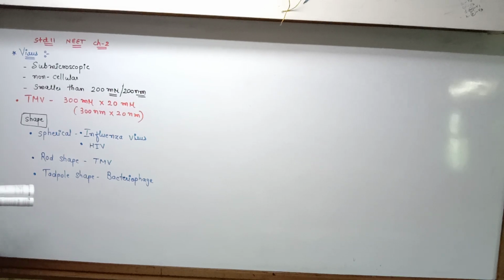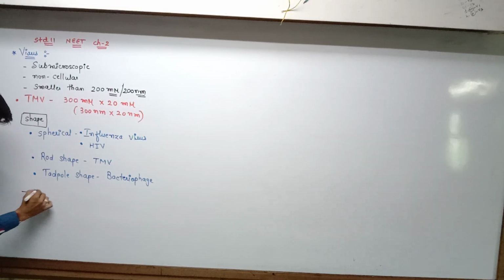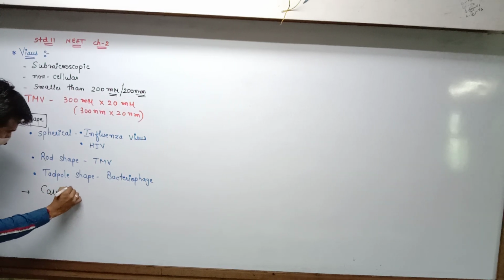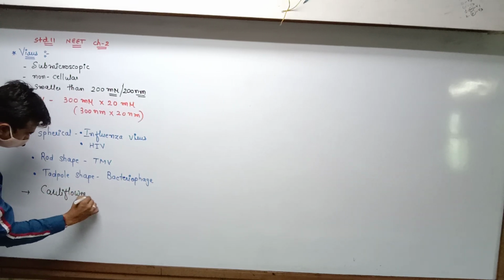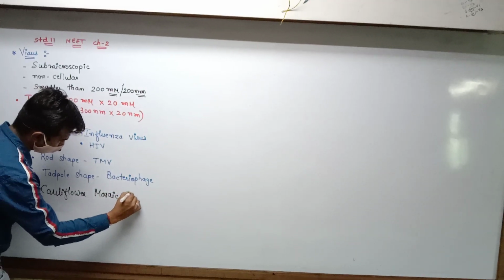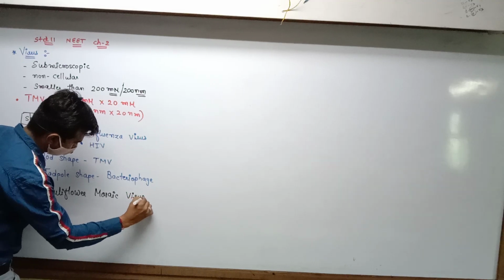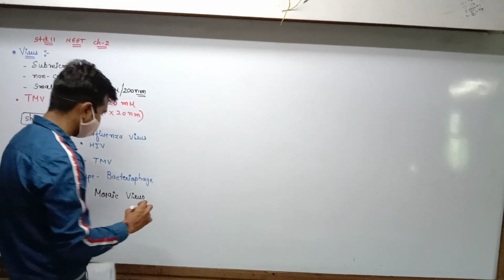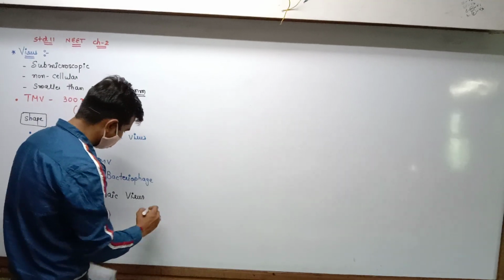But in cauliflower mosaic virus, mostly in the plant virus, ssRNA is there, but in cauliflower mosaic virus, dsDNA present.